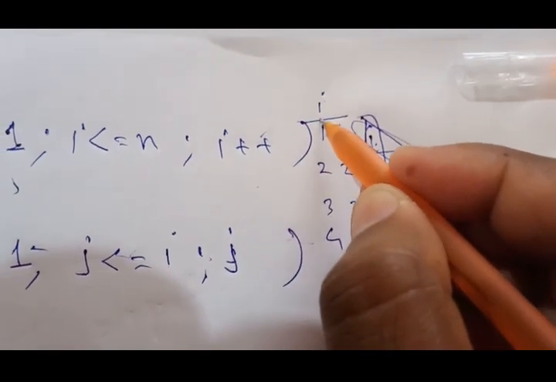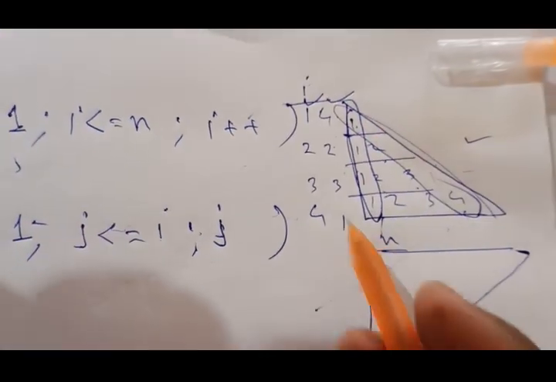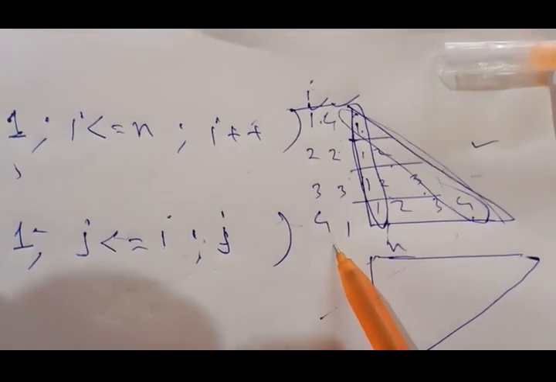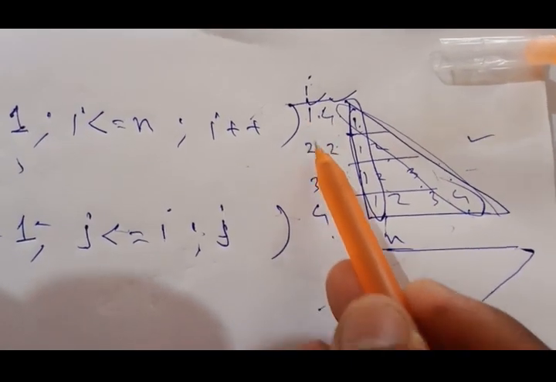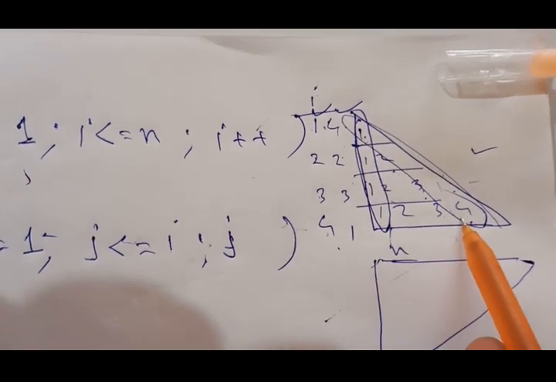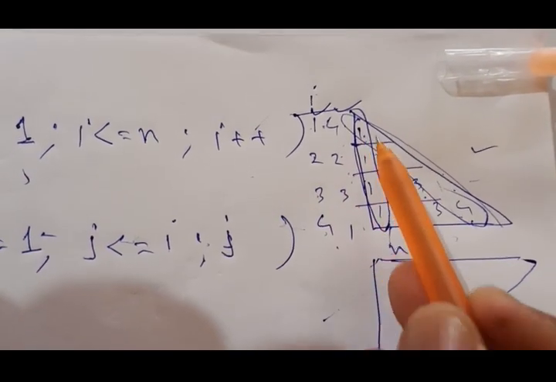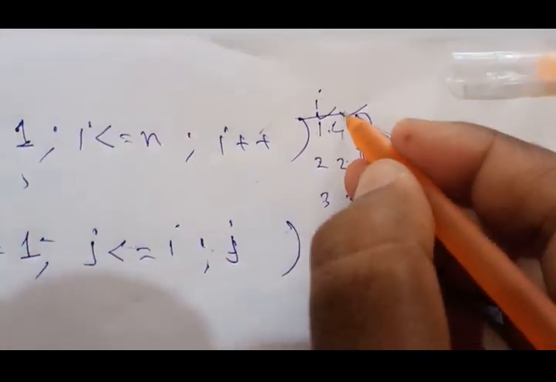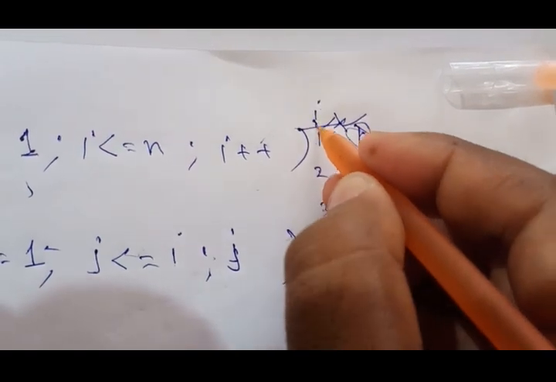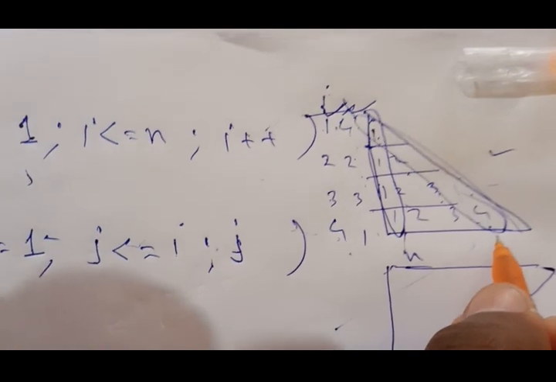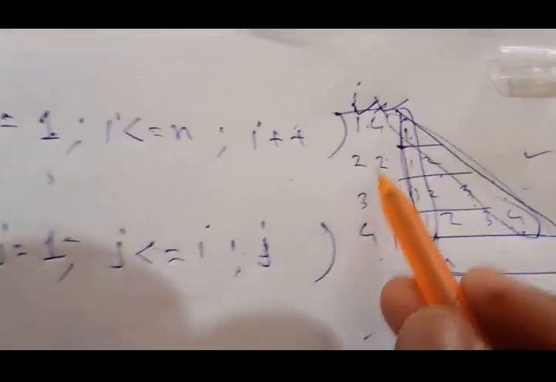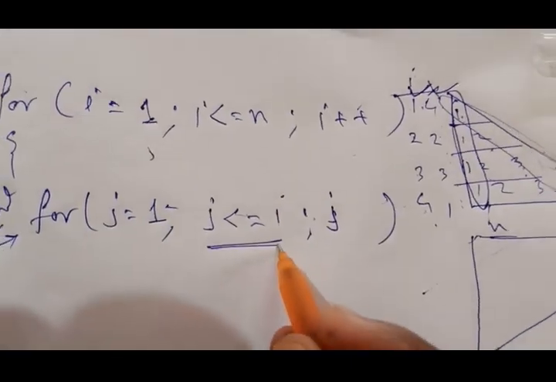Either you choose the value of i as this one or this one. Now try to match i with this pattern. The last one, 1 2 3 4, is matching, but 4 2 3 1 is not matching. So I am not accepting the second one, I am accepting the value of i as 1 2 3 4, which is the last value of the print. So the last value of the print is maintained by this one.